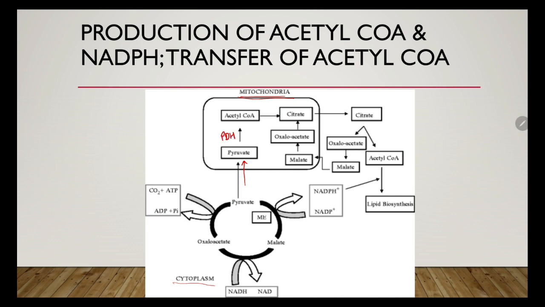The acetyl-CoA formed is converted to citrate, and this citrate goes into the cytosol from the mitochondria. Then the citrate in the cytosol divides into oxaloacetate and acetyl-CoA. Acetyl-CoA formed in the cytosol from citrate, with the help of NADPH+H+ which is formed by the HMP pathway, goes into lipid biosynthesis.